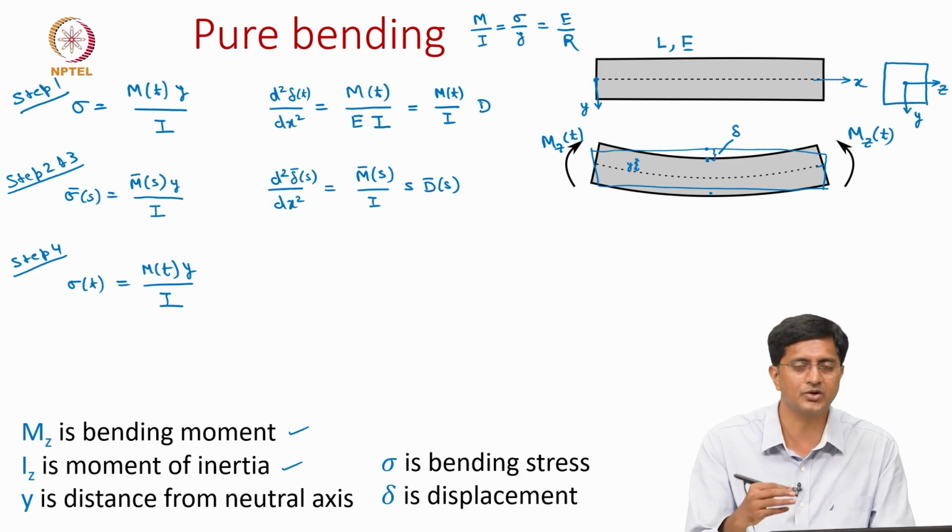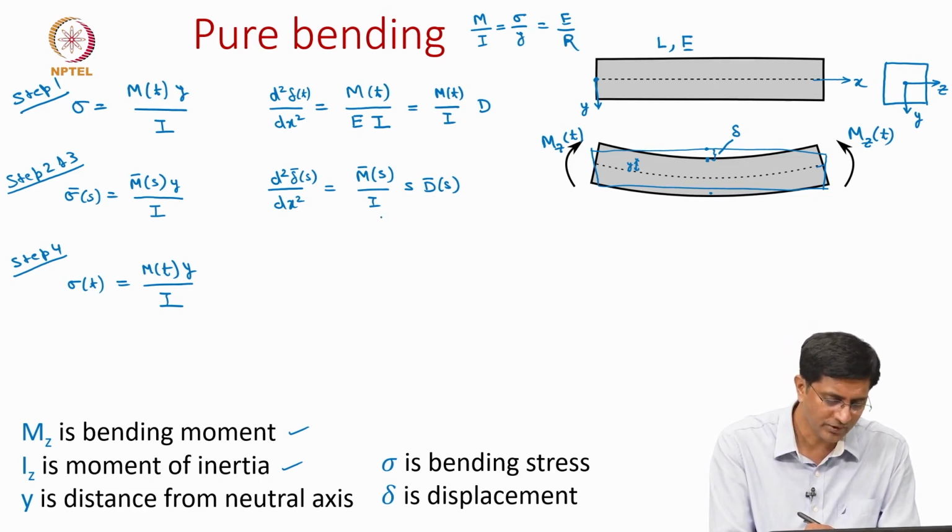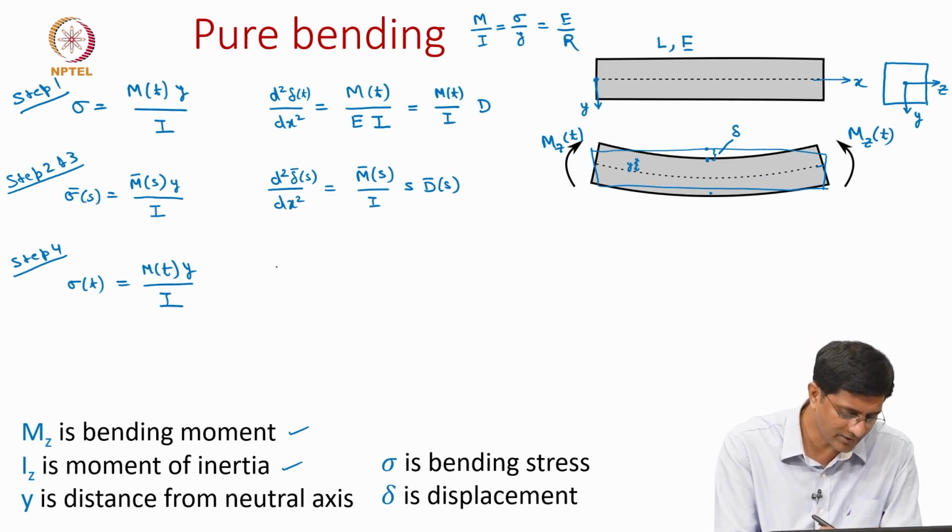Because D is an elastic constant, we said according to step 3 we should replace it with s times the Laplace transform of the elastic constant. So, with this we will go into the last step, which is the inverse Laplace transform. To the left hand side it is straightforward, because there is only one Laplace variable. So, it will simply give delta of t.